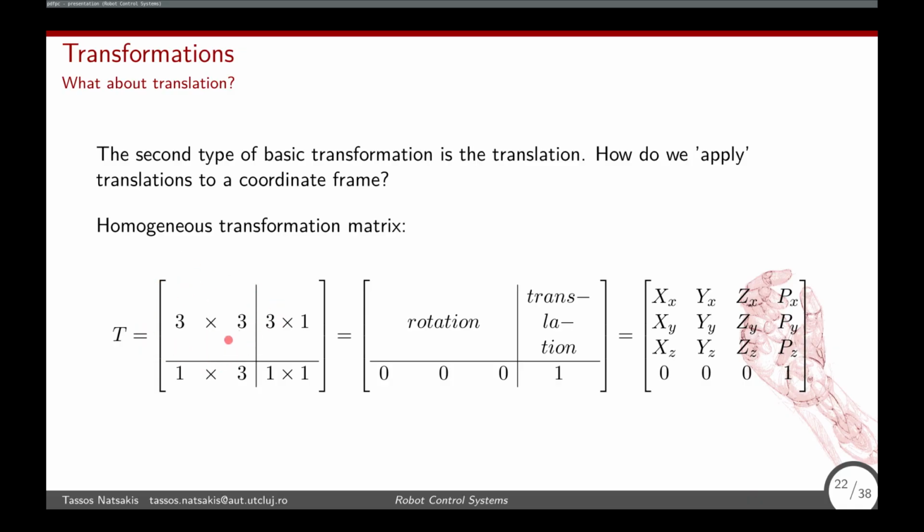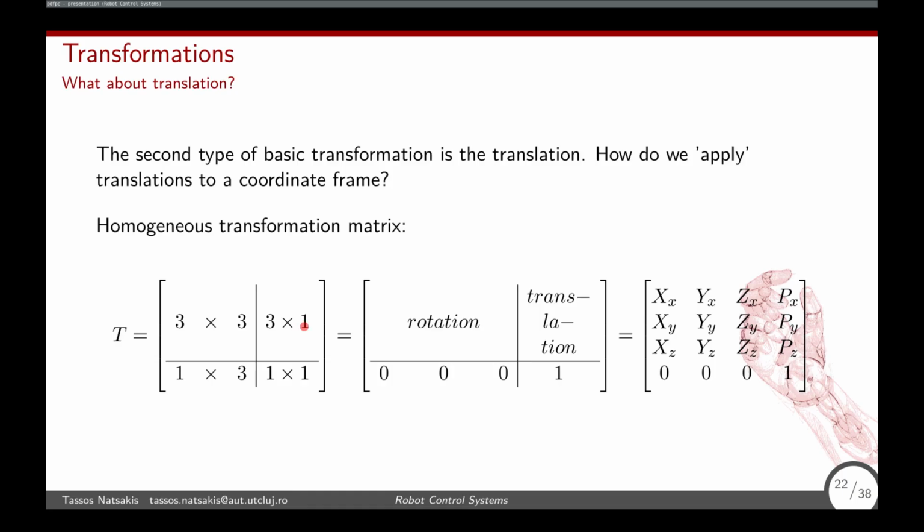We keep the orientation matrix or rotation matrix on the top left corner of the new matrix, and we add a new column and a new row. So this 3 by 3 is the same as we saw before, representing orientation, and we add a new column with 3 numbers.